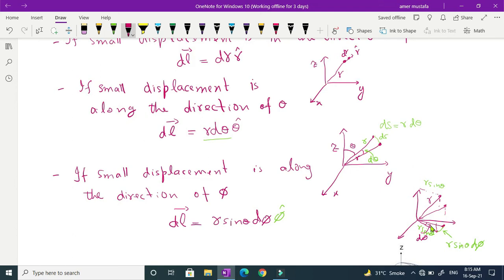In that case the infinitesimal displacement will depend upon all these coordinates, and so if the infinitesimal displacement is in space, in that case we can write the infinitesimal displacement.